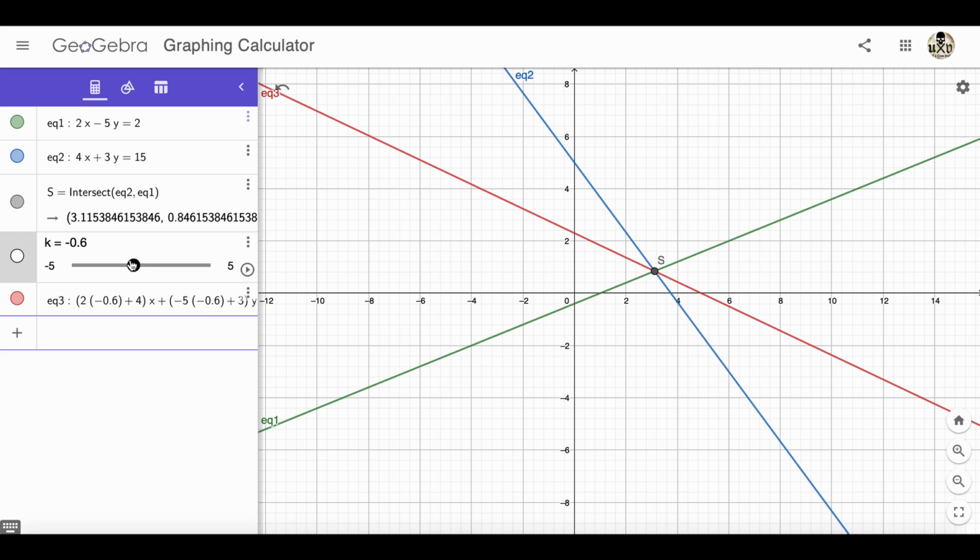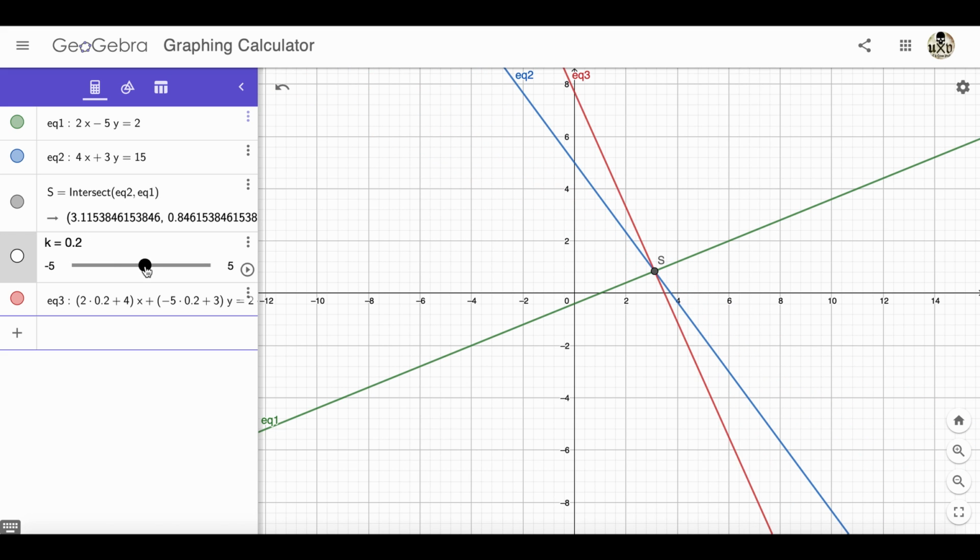Now as you can see, as I've been adjusting this, there is some value of k for which we get a vertical line. And if you remember, a vertical line has an equation of the form x equals a number. And so a vertical line is special in that that vertical line will reveal the x-coordinate of the solution.